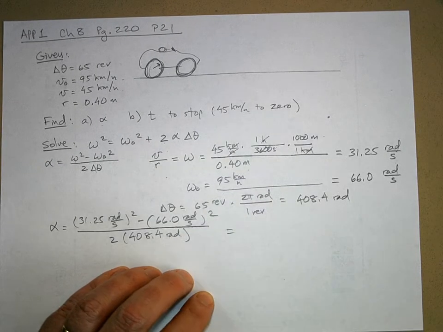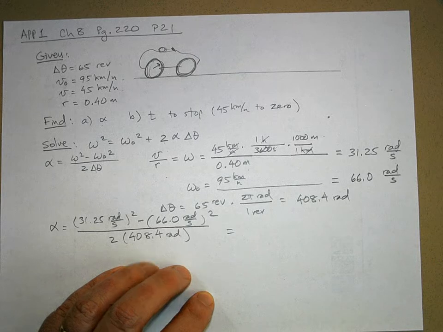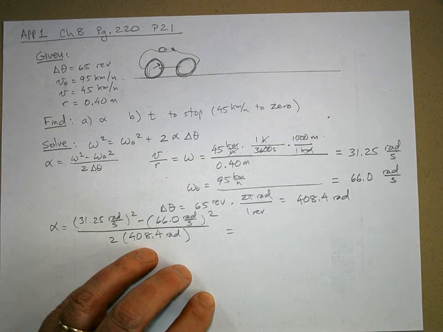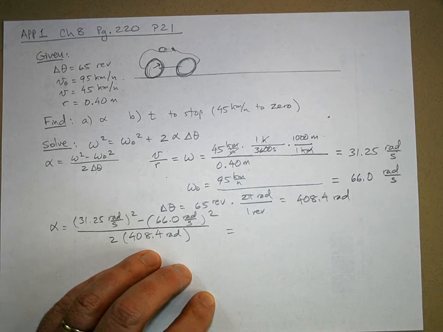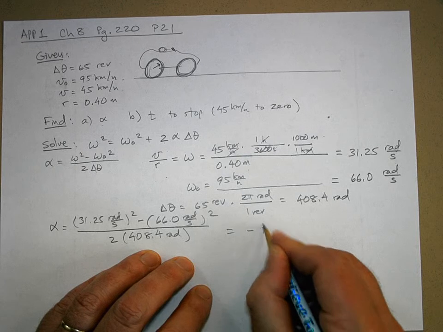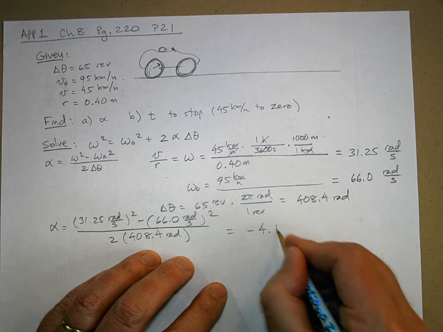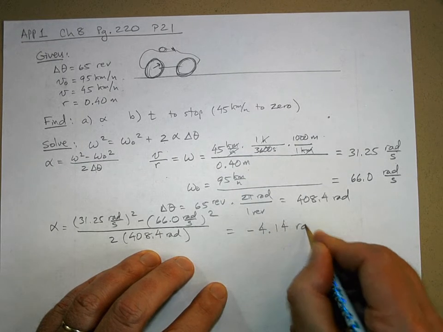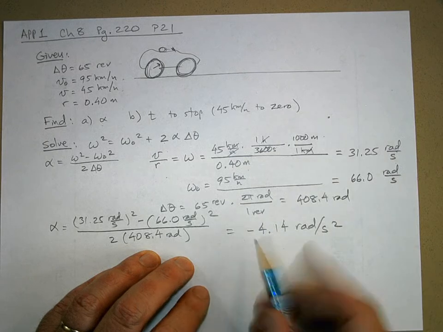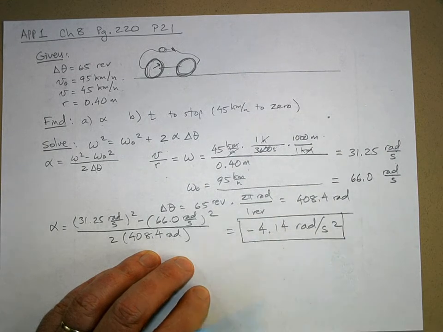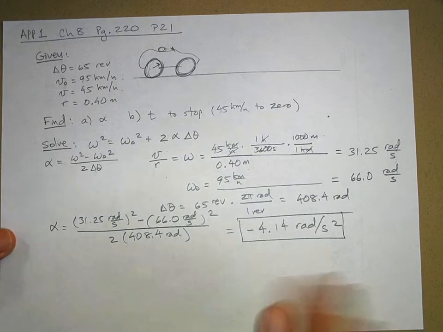Let's see, 31.25 squared minus 66 squared gives me a negative value, and I'm going to divide that by 2, and then divide by 408.4. And I get negative 4.14 radians per second squared. And that's my answer for part A.